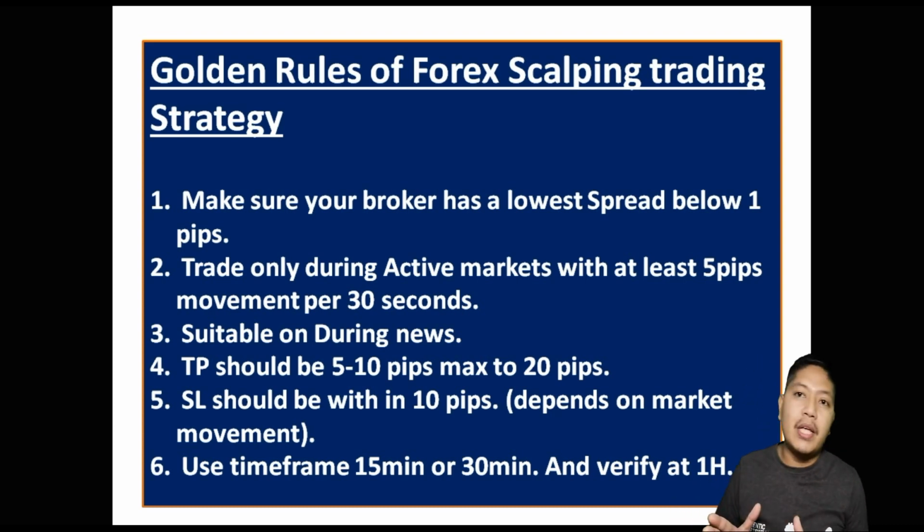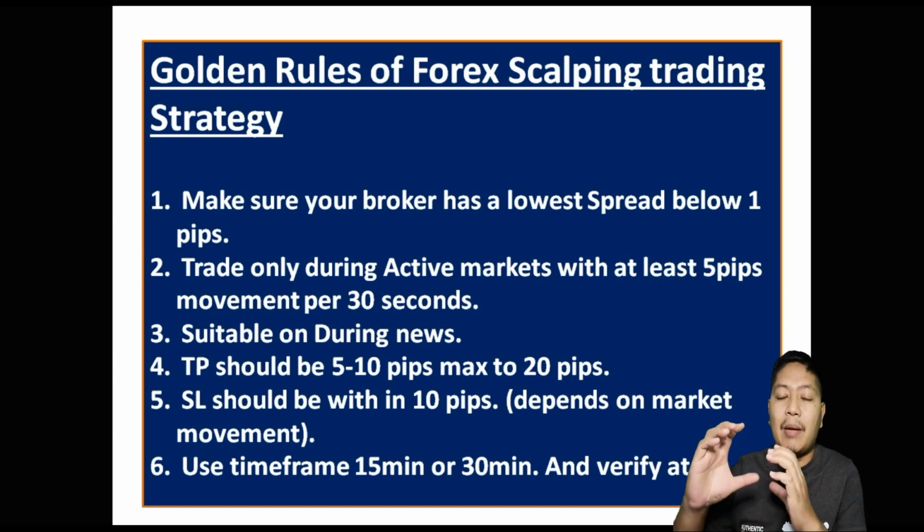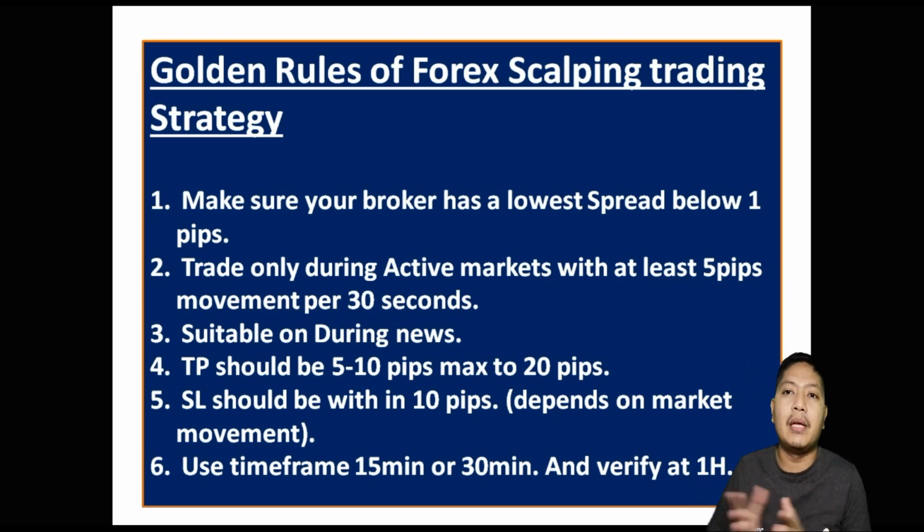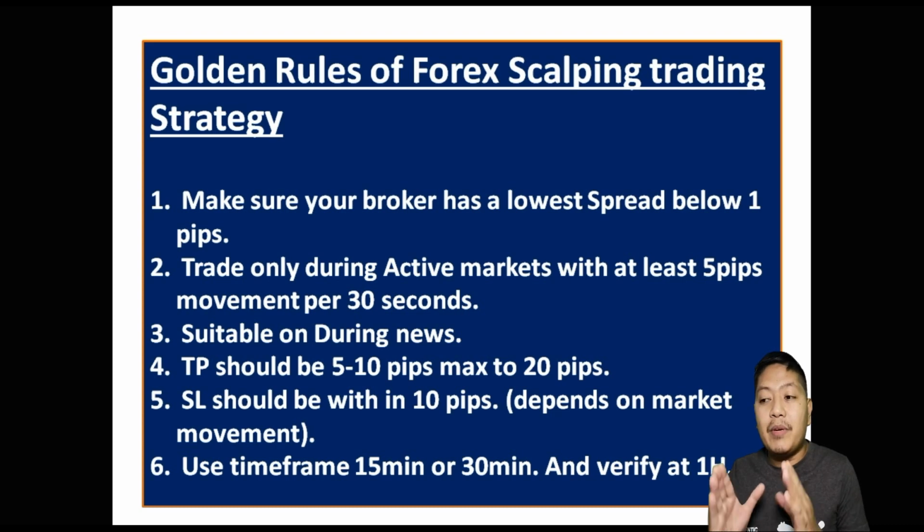Currently I'm using FXPrimus. FXPrimus sometimes depends on the pairs, so sometimes it has a spread higher than 1 pip, but I don't use that broker when I'm scalping. So for scalping, your broker spread should be below 1 pip. That's rule number one.